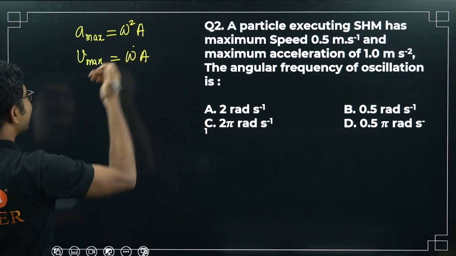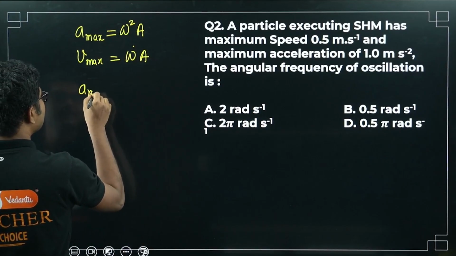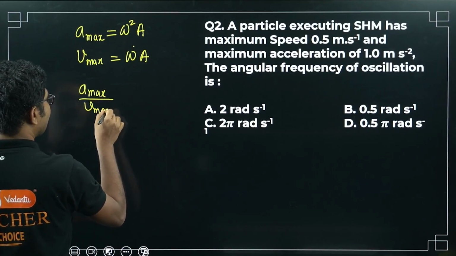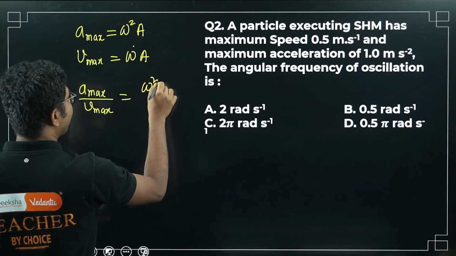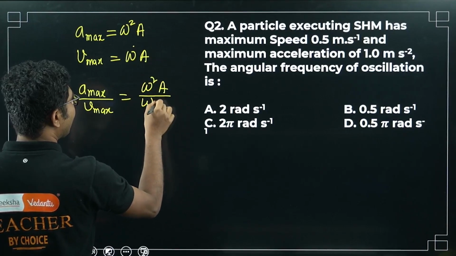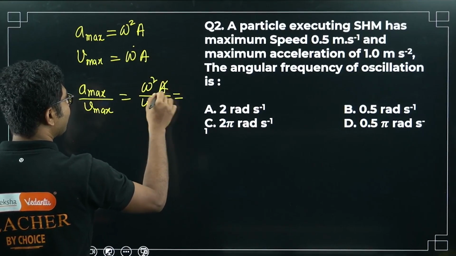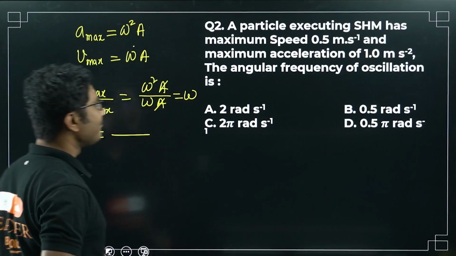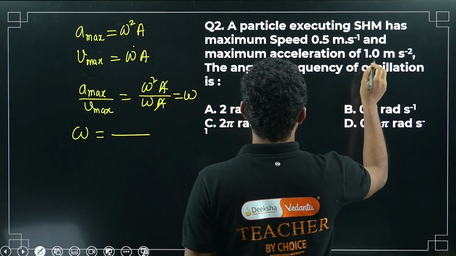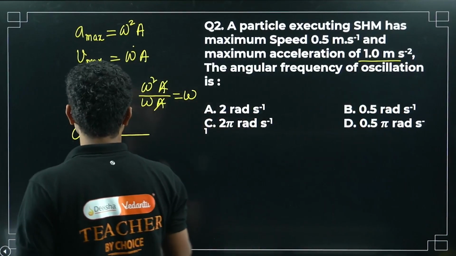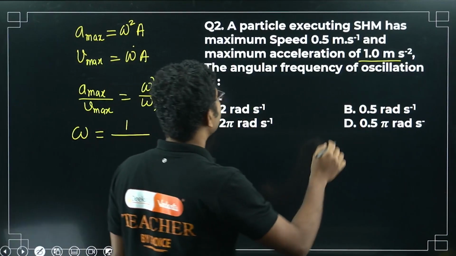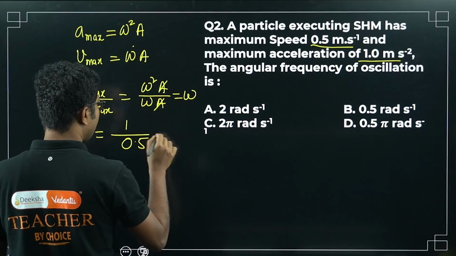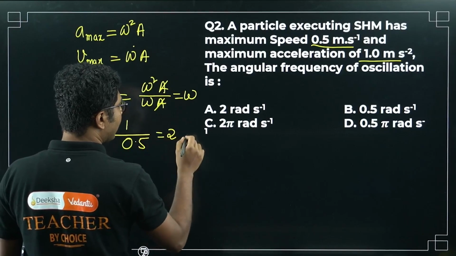So we just need to divide them. a max divided by v max equals omega square a divided by omega a, the a cancels, so it will be only omega. So omega equals a max by v max. Maximum acceleration is 1 meter per second square, and maximum speed is 0.5 meter per second, so it will be 2. Okay, 2 radian per second.